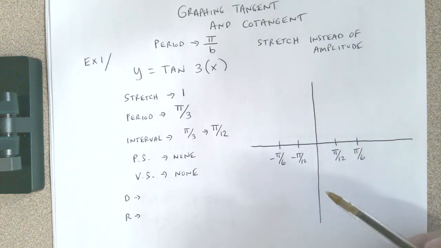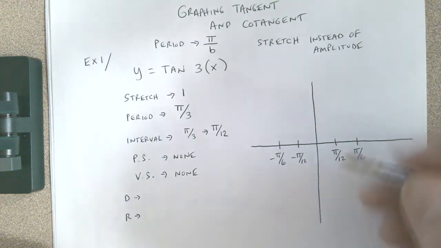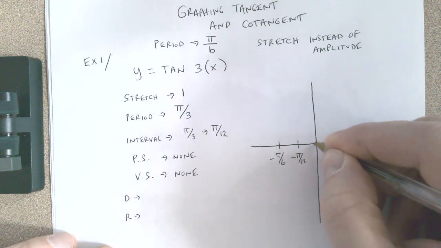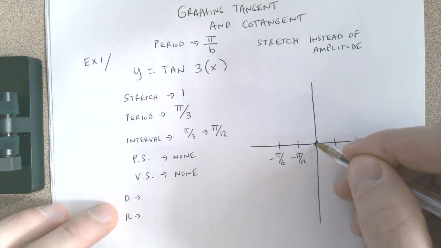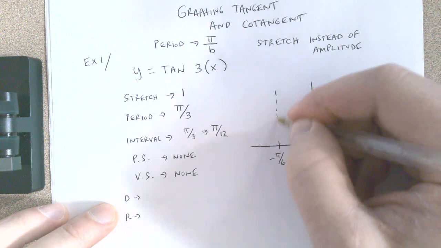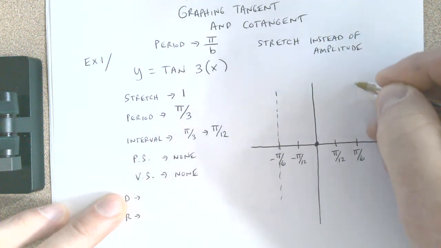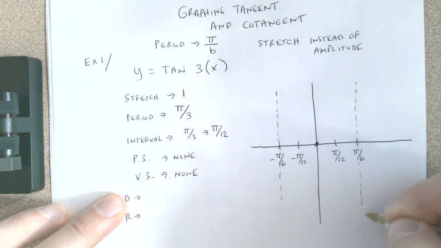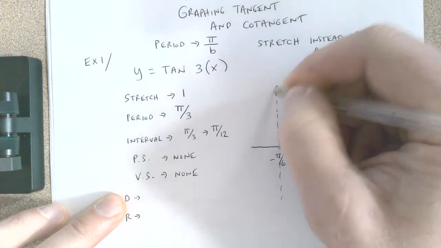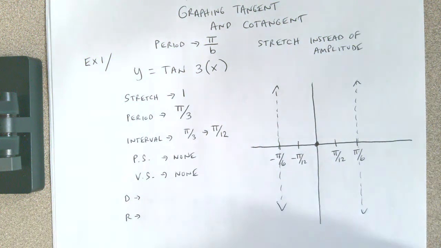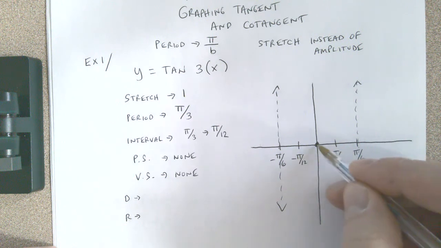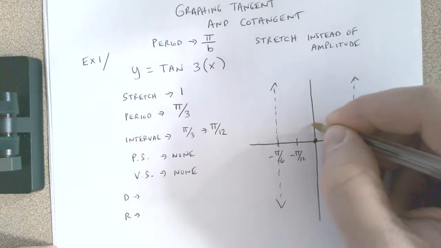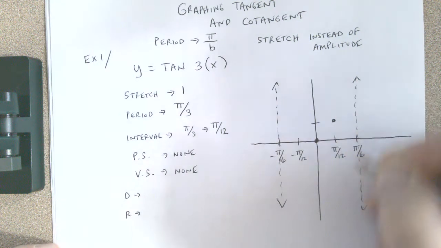Now, as I said, the tangent kind of splits the y-axis. So we're going to start at the origin, the regular tangent curve. These are going to be my asymptotes, the 2 lines that I just marked. Our stretch, the interval between the asymptote and where I'm starting, is going to go up to that stretch of 1.